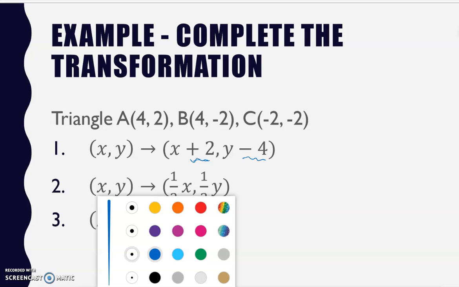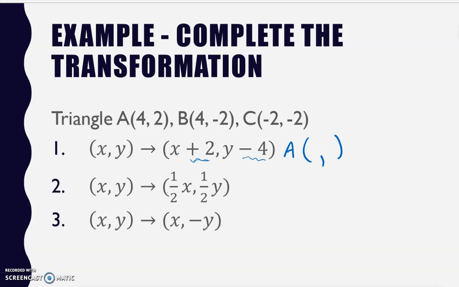So I'm going to write A, B, and I'm going to put C up here so I have room. So the original A coordinate. Every X coordinate, I'm going to add 2. 4 plus 2, 6. 4 plus 2, 6. Negative 2 plus 2, 0.